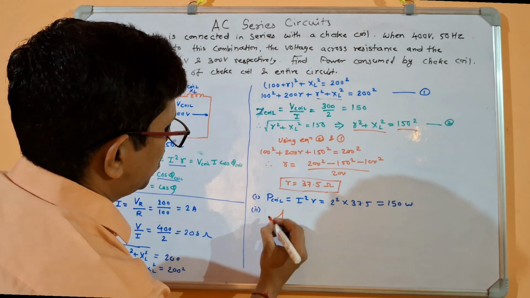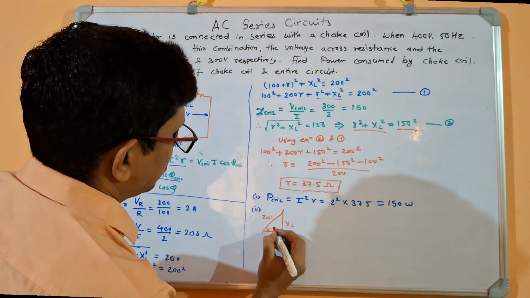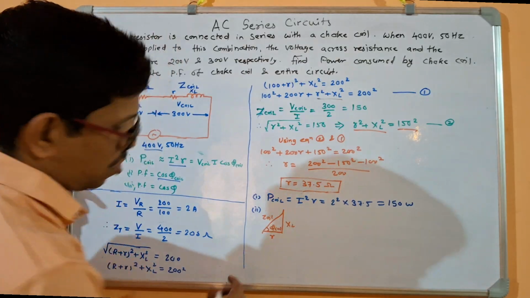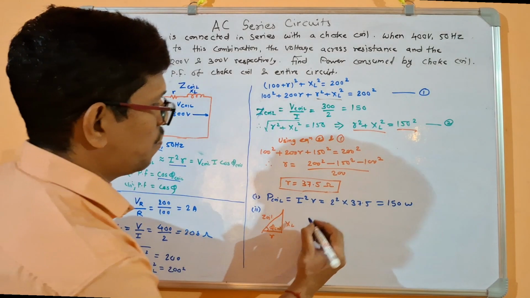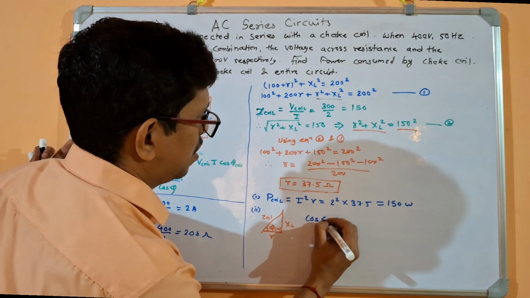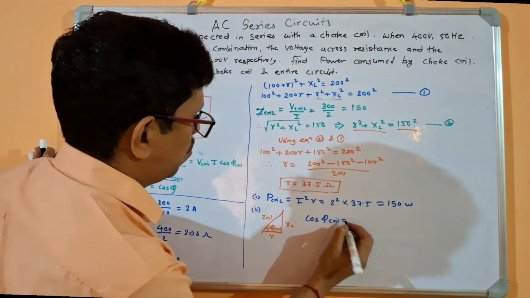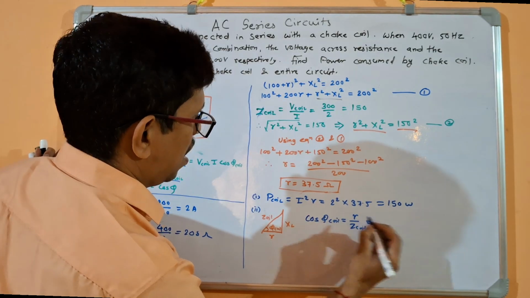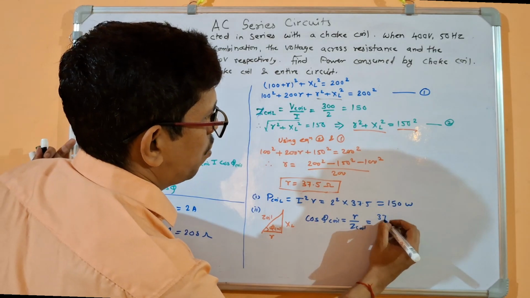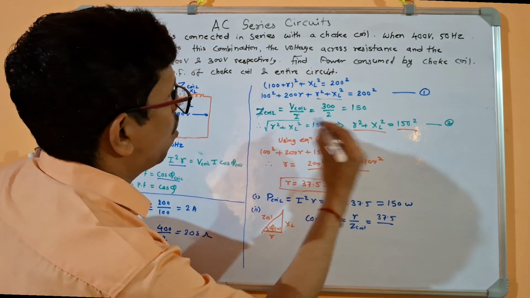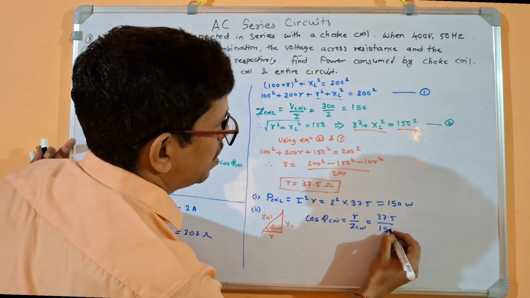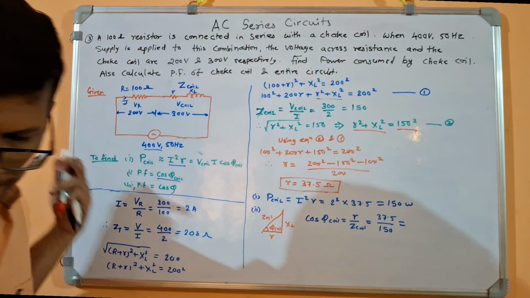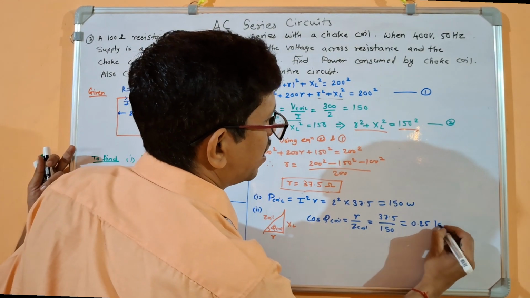This will give me Z coil and this is my phi coil. So cos phi coil is equal to what? r by Z coil. r is 37.5 and Z coil we have found as 150. So it is 0.25 lagging.